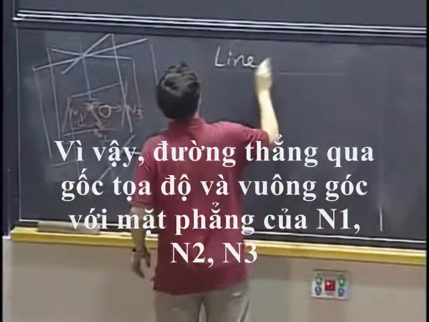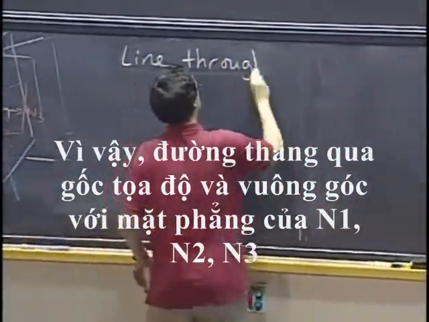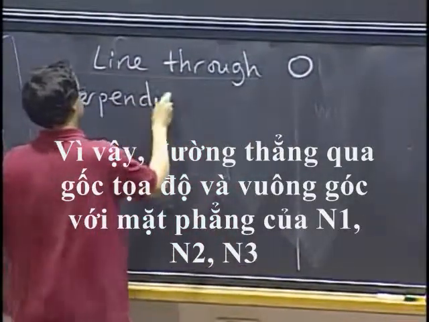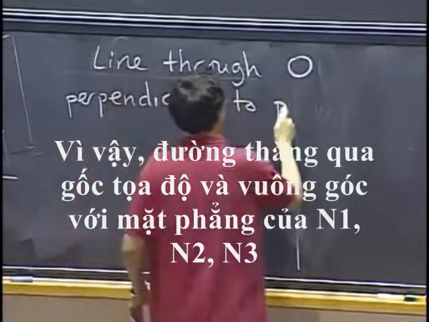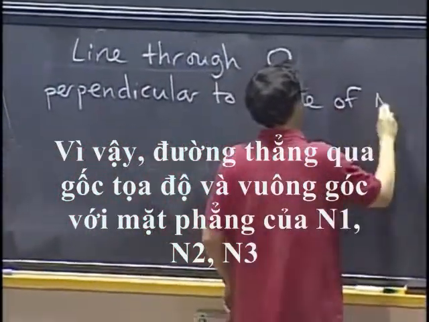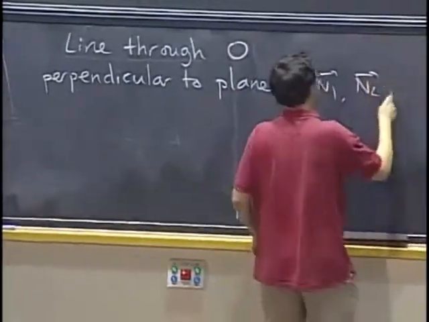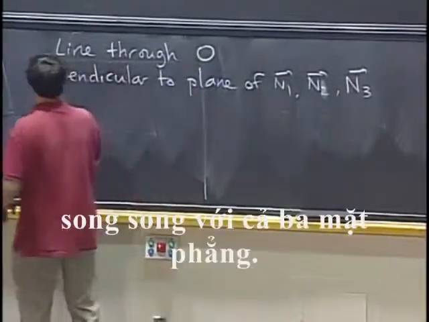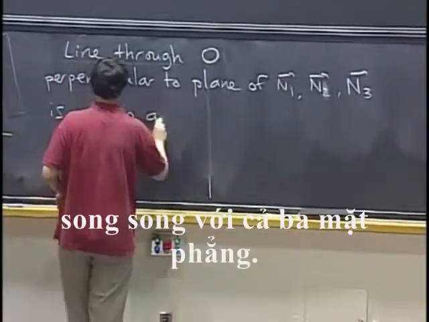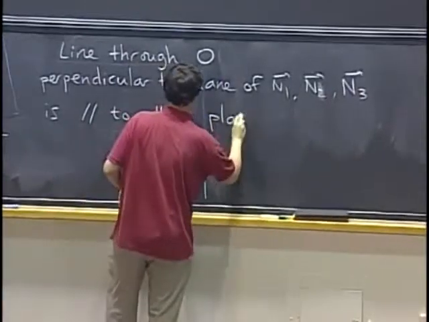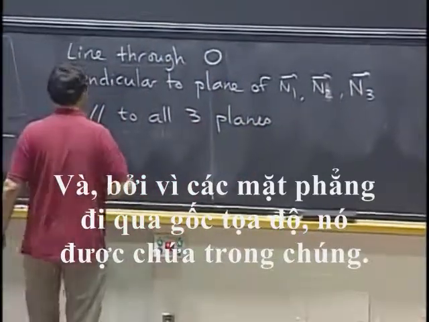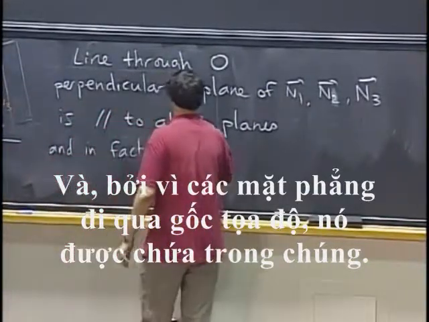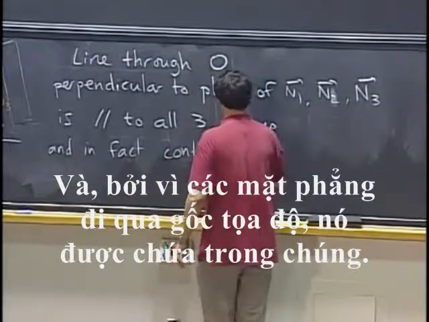So the line through the origin and perpendicular to the plane of n1, n2, and n3 is parallel to all three planes. And because the planes go through the origin, it's contained in them.